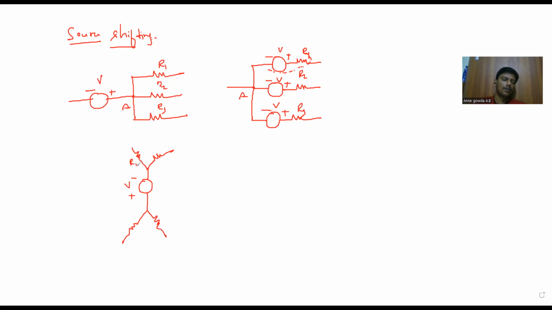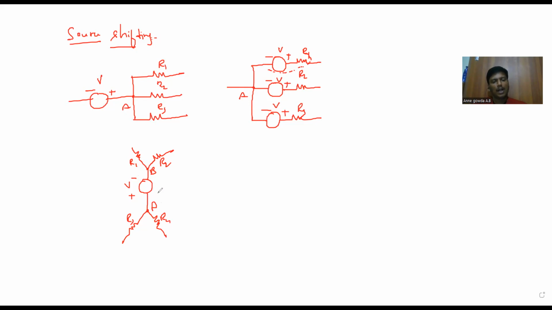This is another scenario where four resistances R1, R2, R3, R4 are connected like this. Now, for the voltage source V, there is no resistance directly in series with it to apply the source transformation.